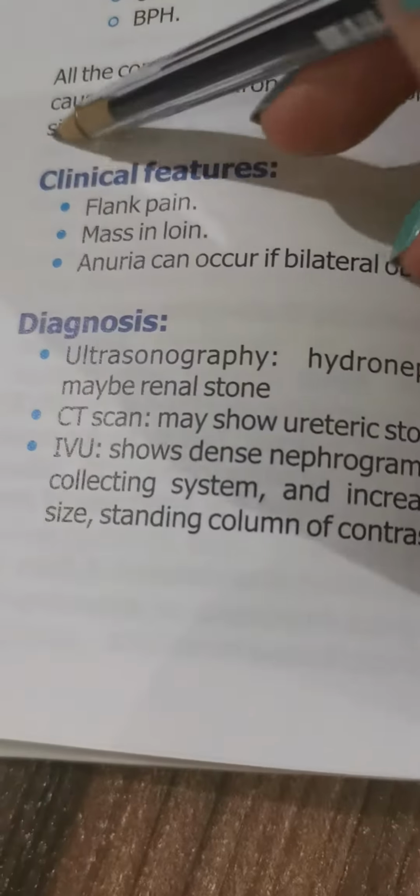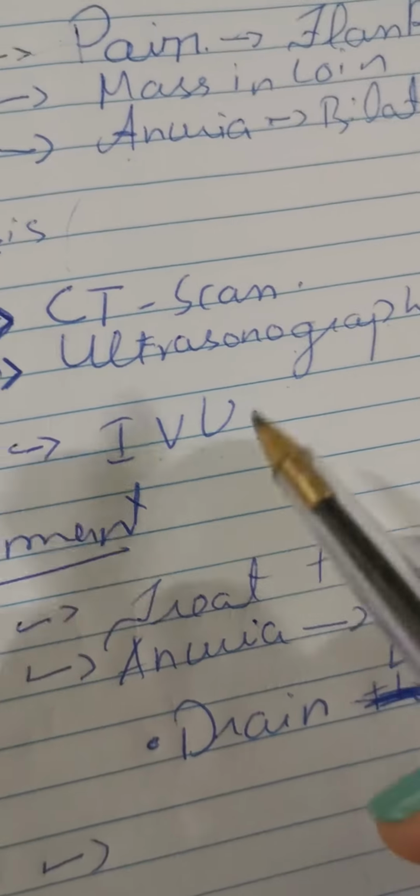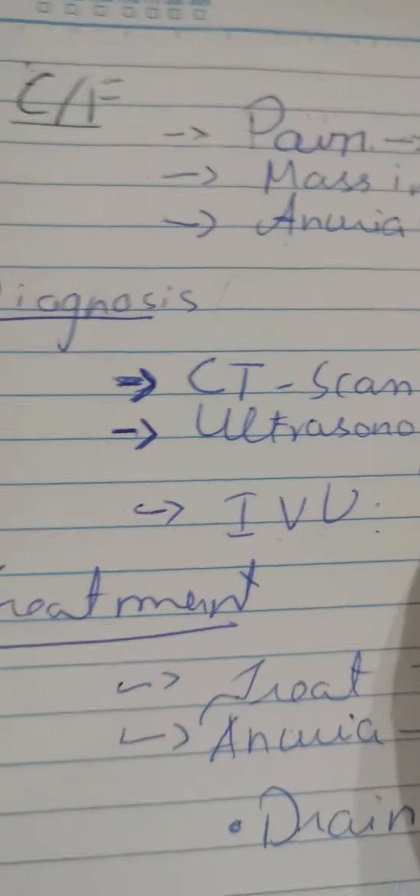Clinical features would obviously include flank pain, mass, and anuria in case of bilateral obstruction. Diagnosis is through three investigations: CT scan, ultrasonography, IVU. And the treatment is that basically we treat the cause, and then in bilateral or in unilateral obstruction, we drain by catheterization.